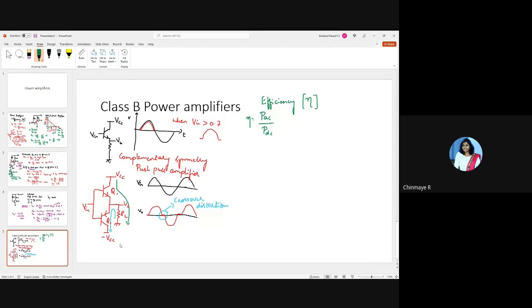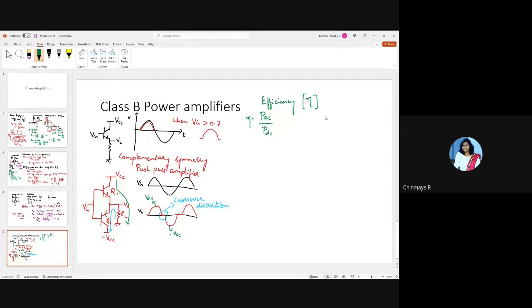But this can be 20-25 volts also. So we are going to neglect that 0.7 and still say the output follows the input. Therefore, the peak to peak amplitude at the output will now be 2 VCC, right? Ideally it can go up to VCC and this can go up to minus VCC. So the peak to peak amplitude here will be 2 VCC. The peak amplitude here will be VCC, correct?